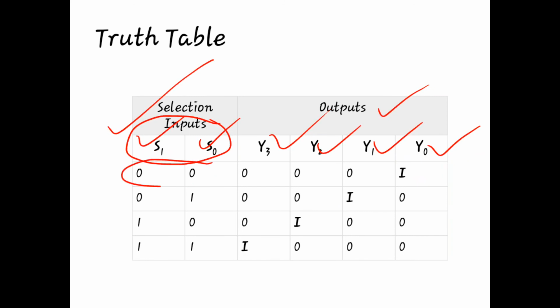Here the select lines are 0, 0. The values are 0, 0. For both the select lines, it is basically the low condition, but we have to select Y0 as output.